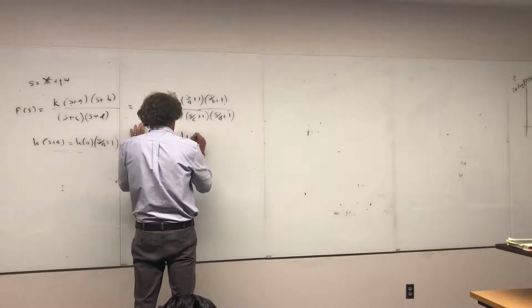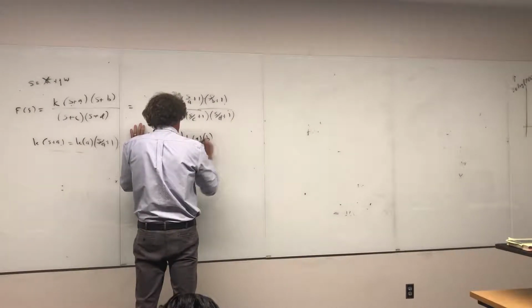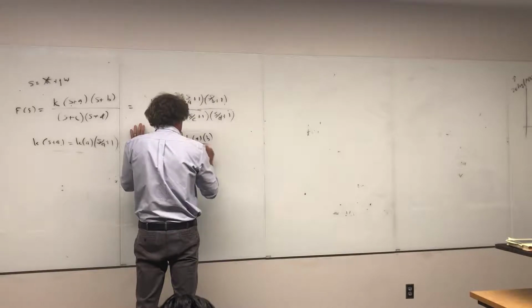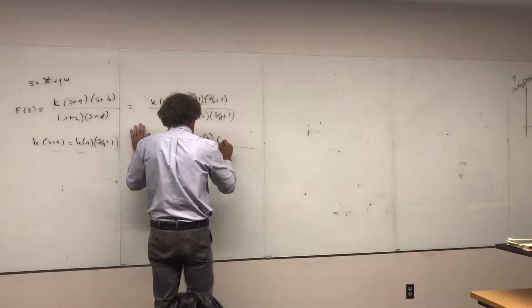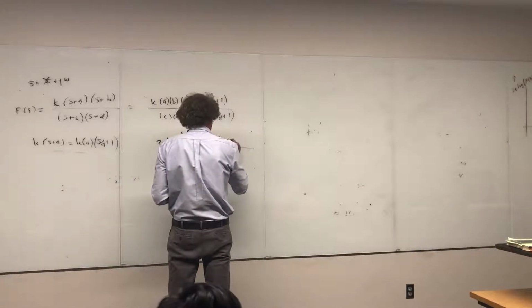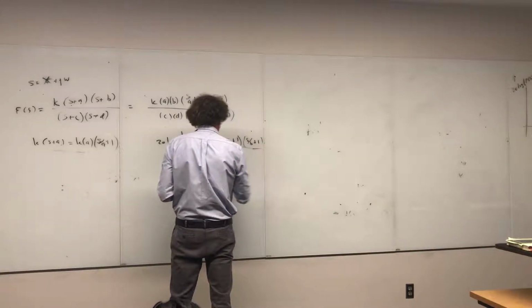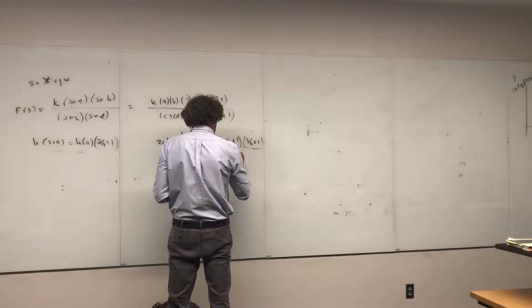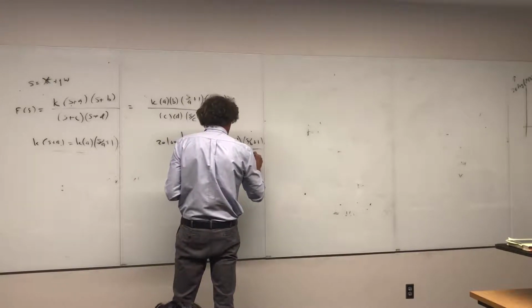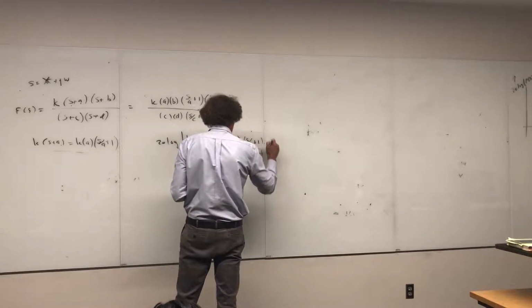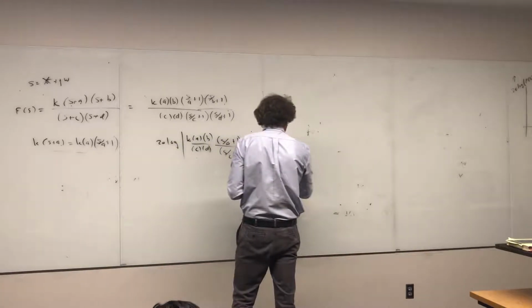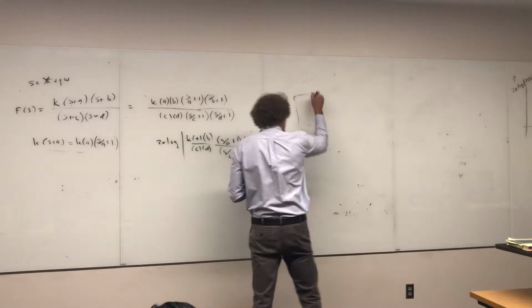It's going to be k times a times b over c times d. Then I have s over a plus 1 and s over b plus 1. Then I have s over c plus 1 and s over d plus 1 here. And now I break this out, and I'll write it up here. I'll get a different marker.